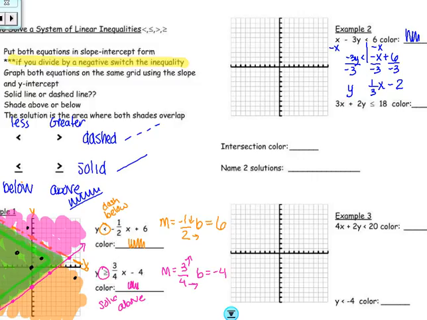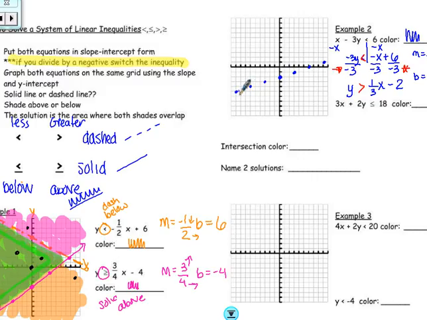Now on this one, since we divided by a negative right here, my less than inequality has to switch to a greater than. And that's only because we divided by a negative. Okay? So graphing this inequality means I have a slope of positive 1/3 and a y-intercept of -2. So up 1 over 3, up 1 over 3, or in reverse, down 1 and to the left 3.